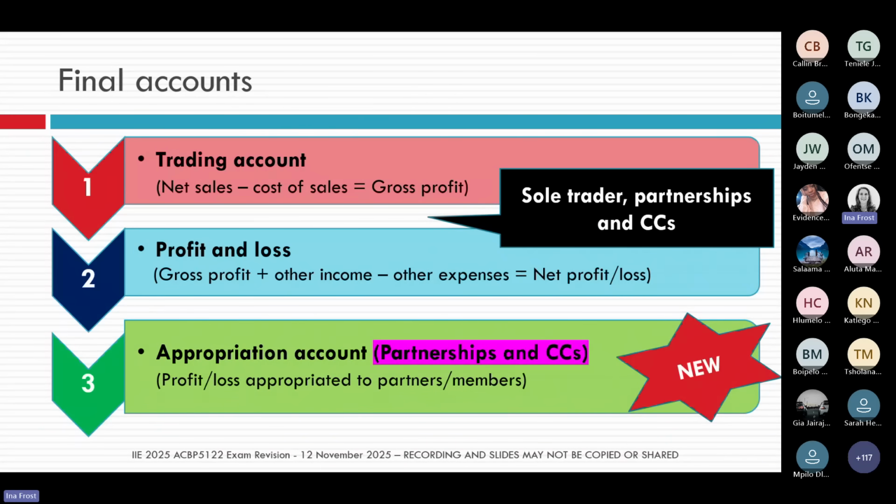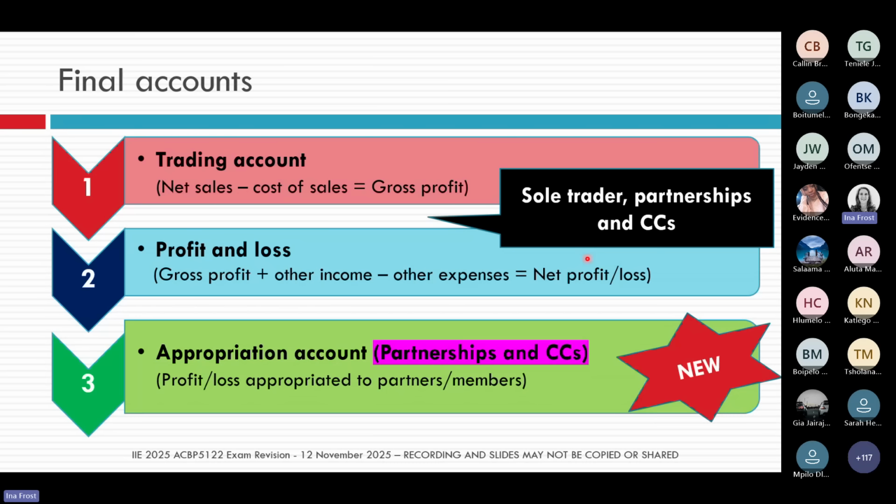Another new account that we come across, for both partnerships and closed corporations, is the so-called appropriation account. All our different business ownership forms have trading accounts and profit and loss accounts. Remember from last semester, Learning Unit 9, the trading account is where we calculate gross profit, and the profit and loss account is where we calculate the net profit or loss.